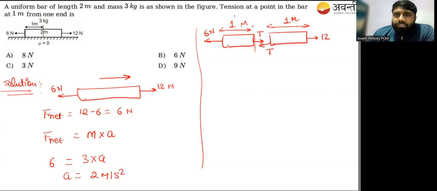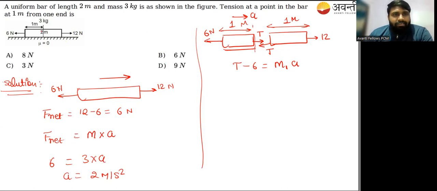Now each of these blocks is moving with the same acceleration because the rod is uniform. So we can apply Newton's law here. It will be T minus 6 is equal to mass of this block only into acceleration. If the entire bar has mass of 3 kg, then exactly at the half portion, it has half the mass.